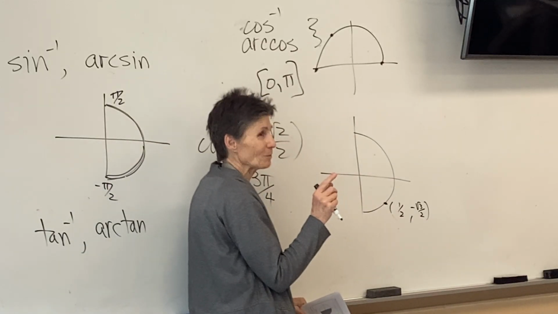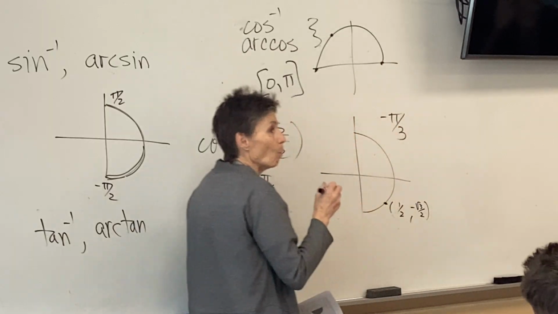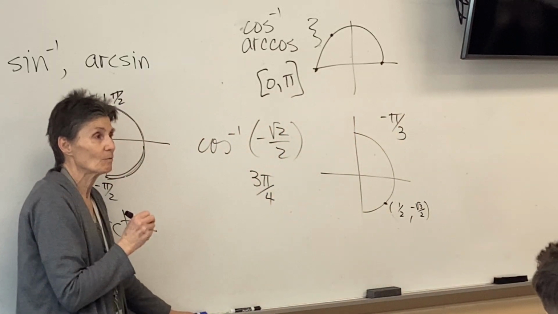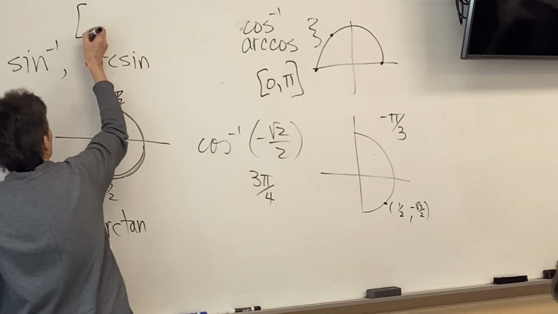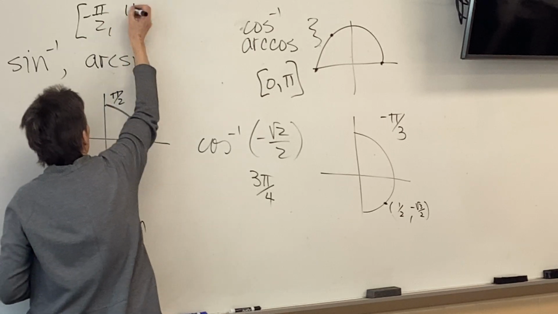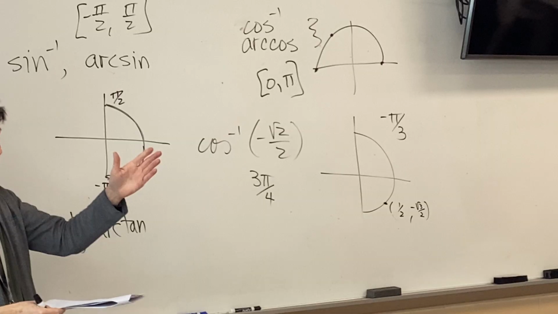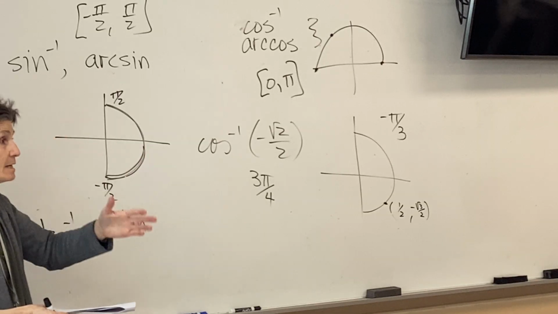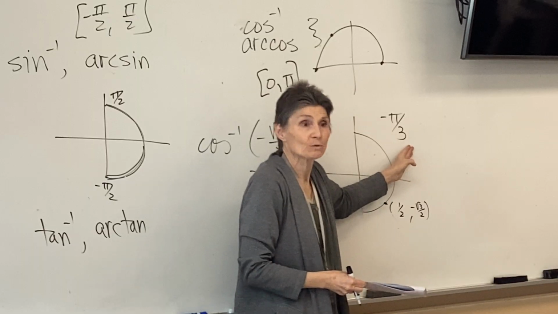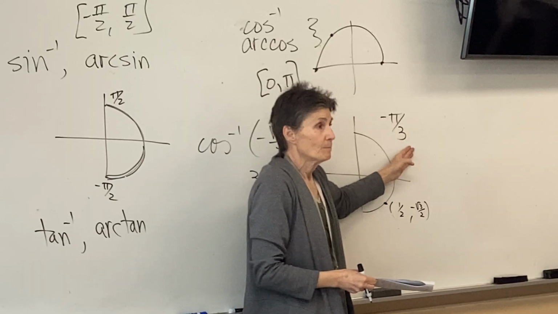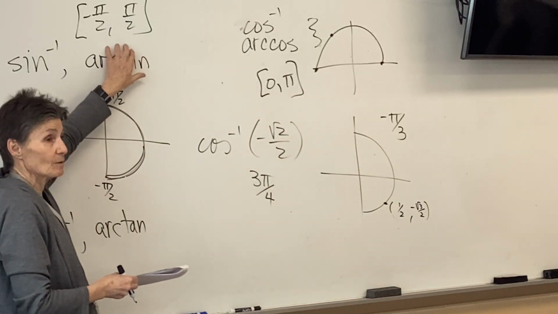Don't say pi over 3. You have to say negative pi over 3. Why do I have to say negative pi over 3? Because all of my answers have to be between negative pi over 2 and pi over 2. Those are the rules. Is this in exactly the same place as 5 pi over 3? Yep, it surely is. But I can't answer 5 pi over 3 because this is how I have to answer.